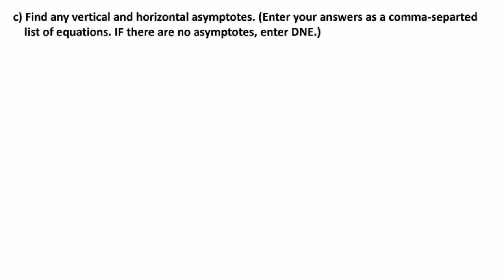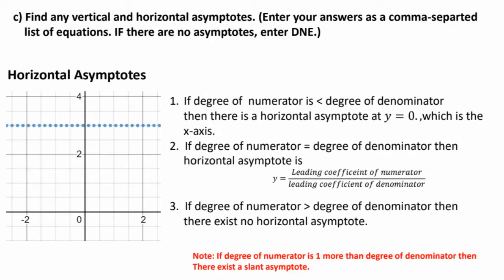Now for our horizontal asymptotes, that's a little different story. We have several cases that will determine if we have a horizontal asymptote. The first case is if the degree of the numerator is smaller than the degree of the denominator, then we will always have a horizontal asymptote at y equals 0.